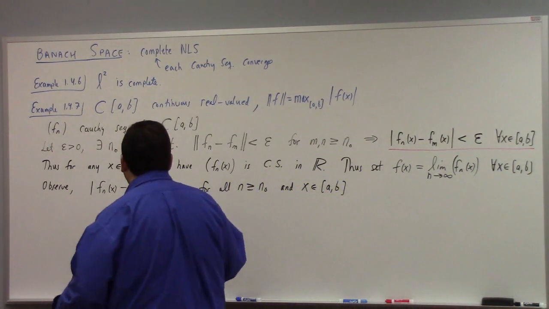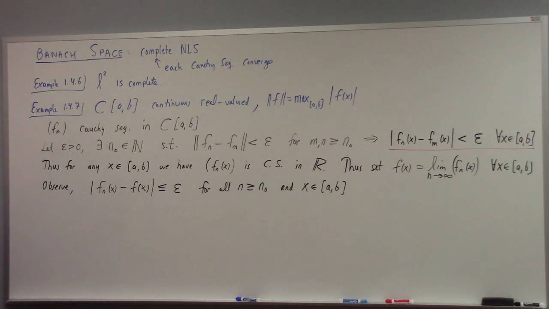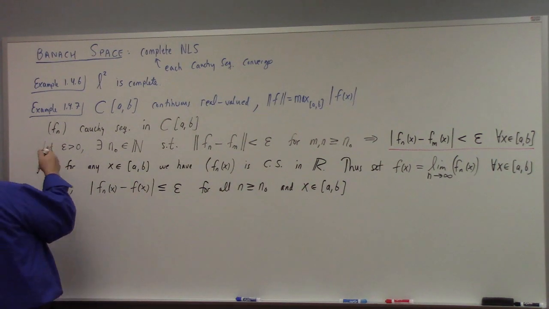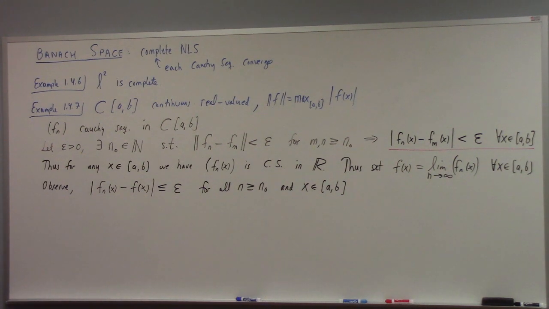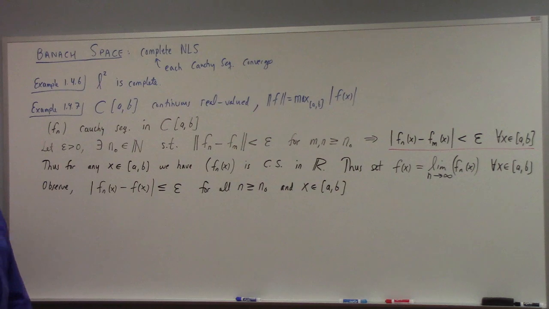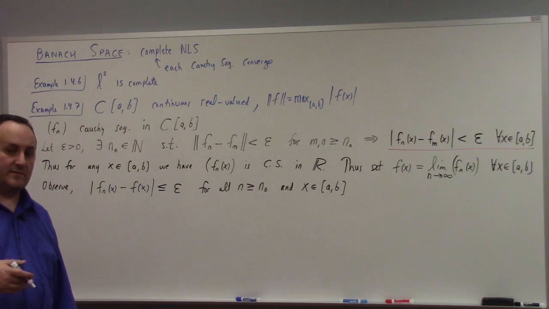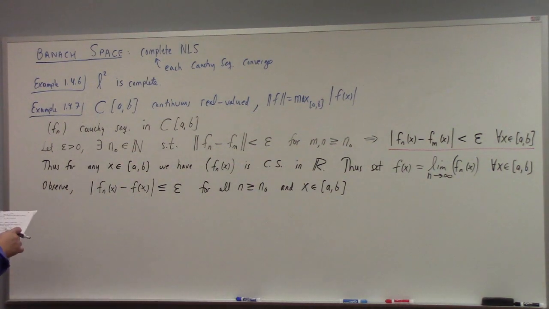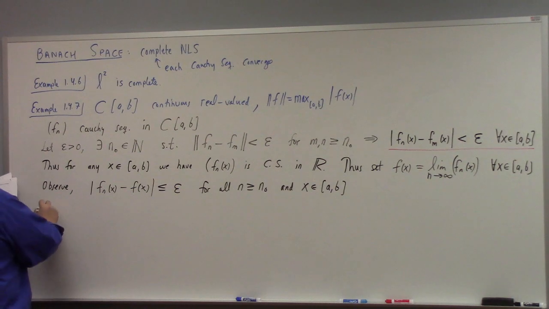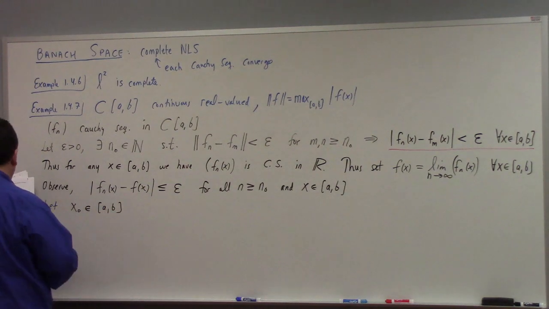So what remains? What we'd like to do is show that the initial Cauchy sequence, in fact, has limit this function defined in that way. But for it to be in the space, we need to prove it is continuous. Okay. So towards that end, let x_0 be an element of [a,b]. All right?